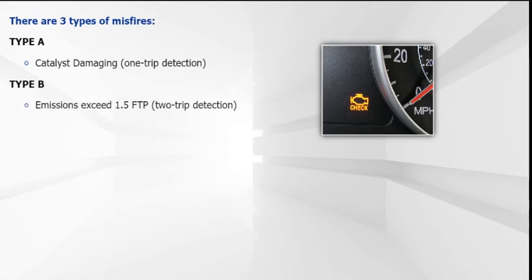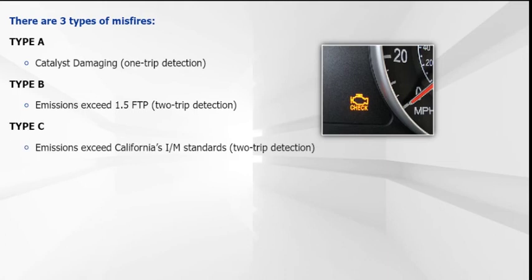Type B misfire is a condition that can cause emissions to exceed 1.5 times the FTP, or Federal Test Procedure, standard, while the severity of a Type C misfire is based on emissions levels exceeding California I/M standards. The first occurrence of either a B or C type misfire will result in a pending DTC with accompanying freeze frame data.